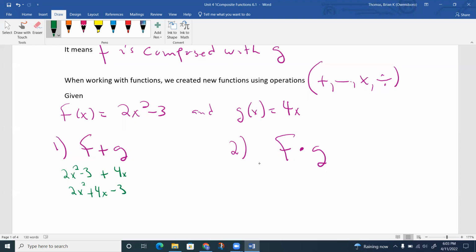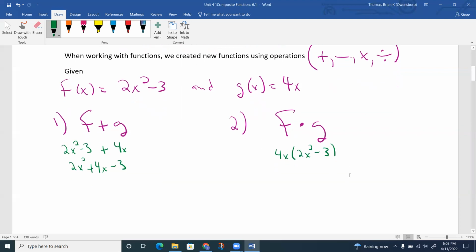f times g means to multiply the two functions together. Notice that this is a solid dot, so it implies multiplication. Looking at the two functions, I'd rather multiply by the 4x first, so I'm going to mentally rearrange it as 4x times 2x squared minus 3. Remember, f times g is the same thing as g times f, because order doesn't matter in multiplication.